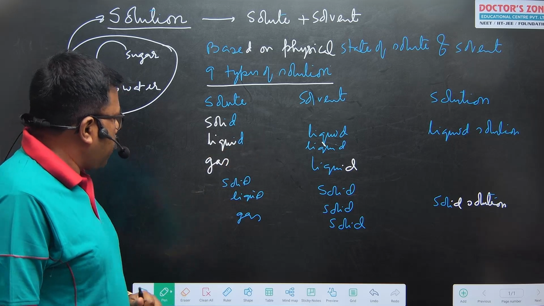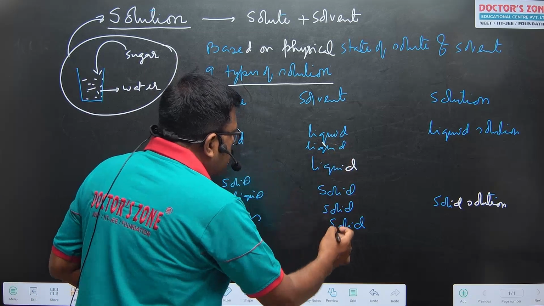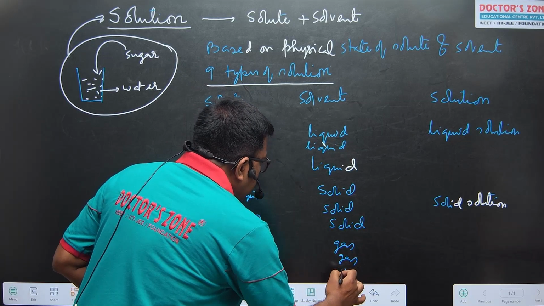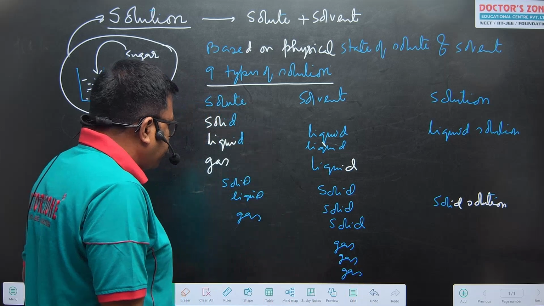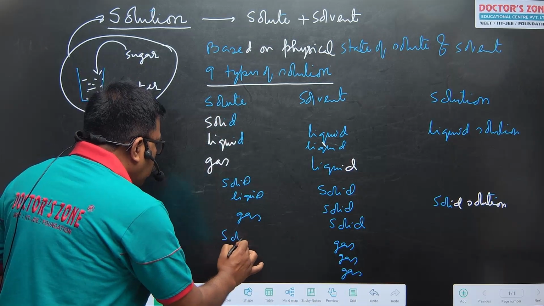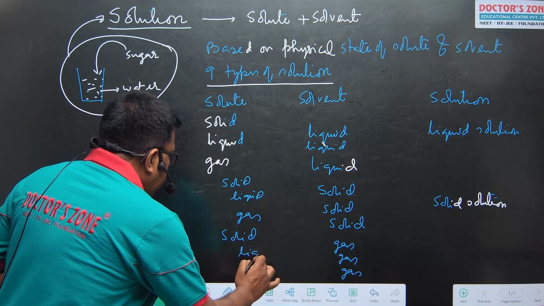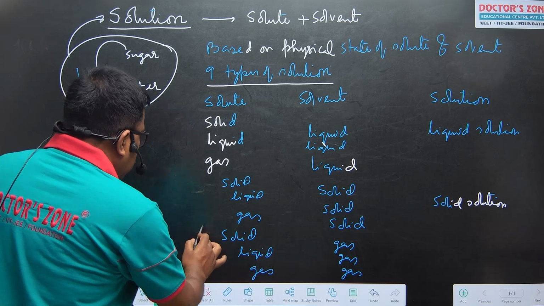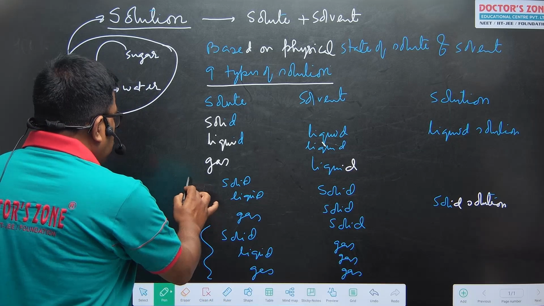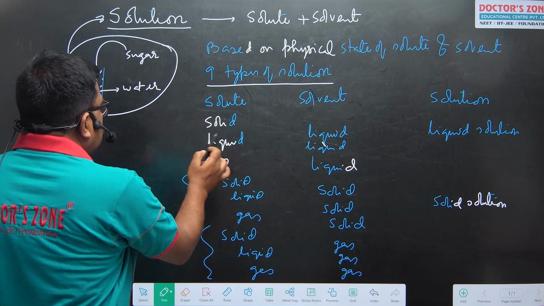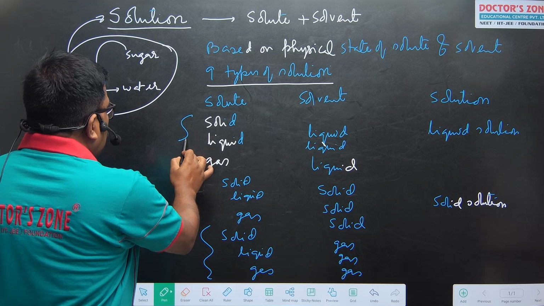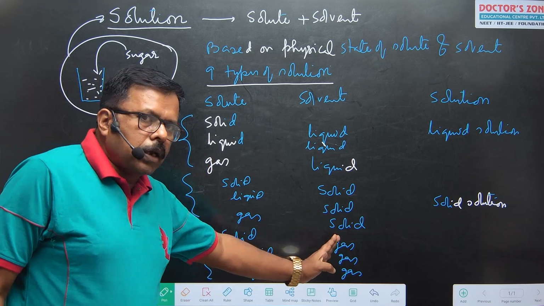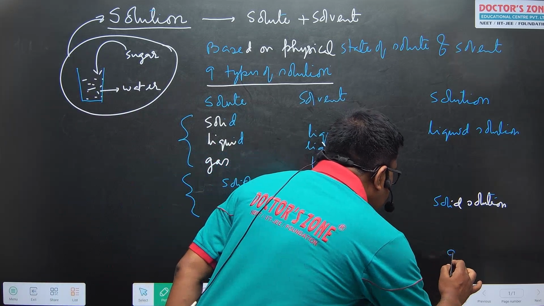Then another 3, where the solvent is gas, and here the solute is solid, liquid, and gas. When they are dissolved in gas, we can call it a gaseous solution.